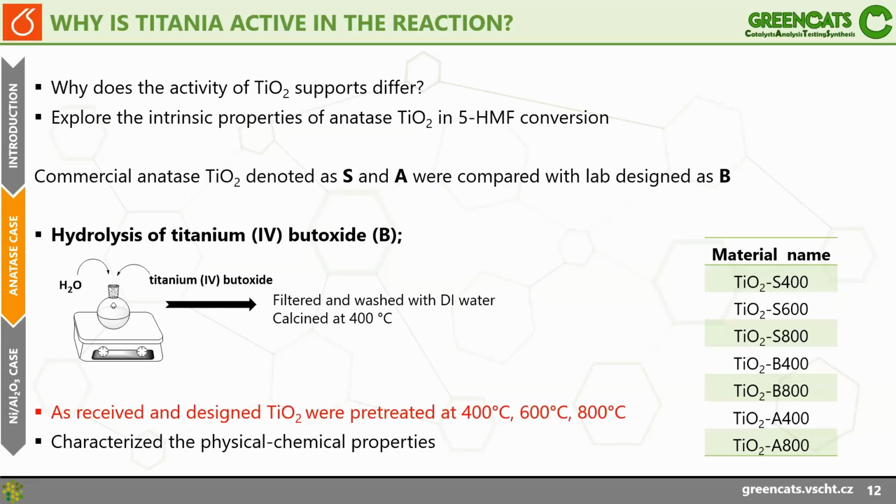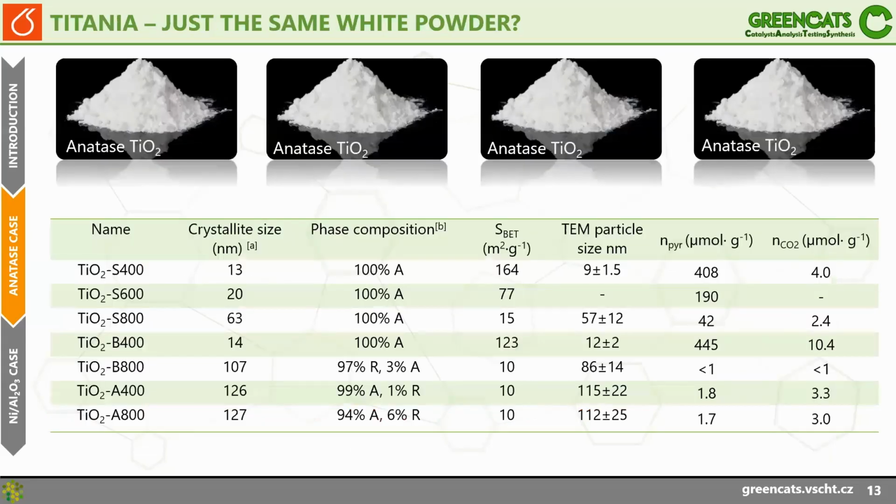The number is the temperature used for calcination, and A, B, and S are the numbers of the supports. This is too big a table to be studied now, and it just summarizes the properties of these materials. You can see already that they vary in a range for the crystallite size from XRD, in an order of magnitude.